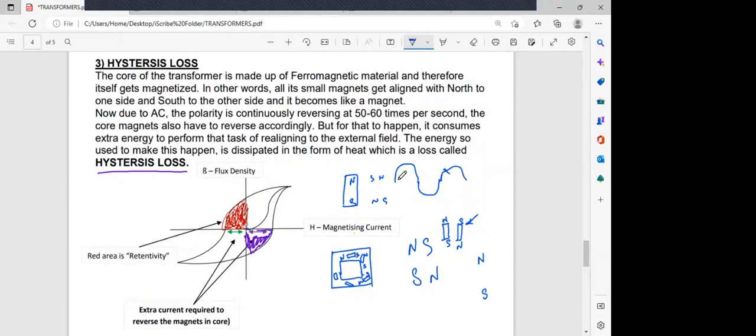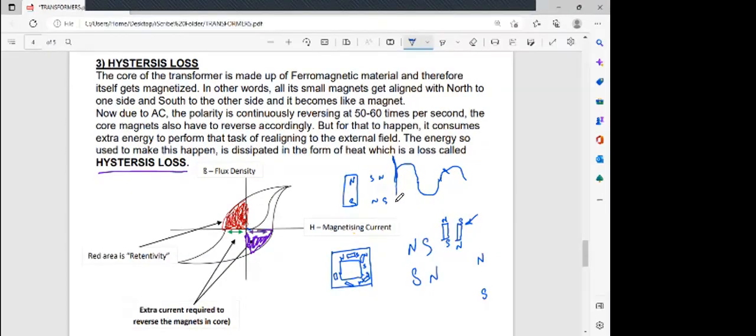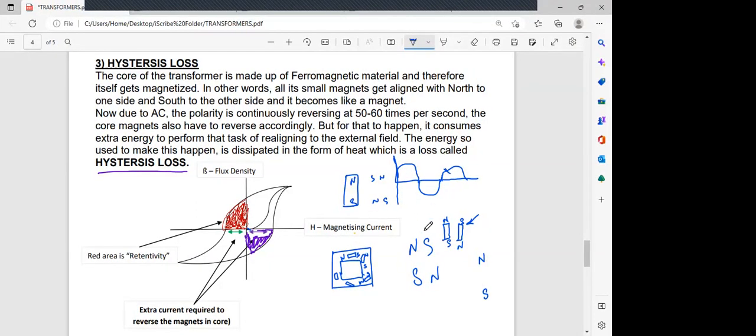Let's make this a little bit clearer. This is your AC cycle. As you're going positive, you're going to have this north-south for your main electromagnetic field, and all these tiny magnets will start getting organized, with north one way and south the other way. It's getting magnetized.